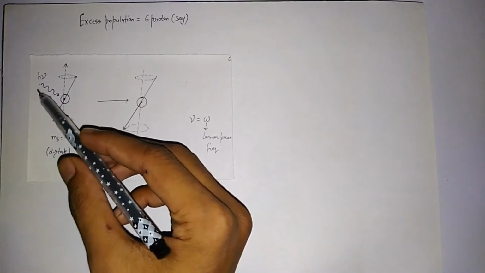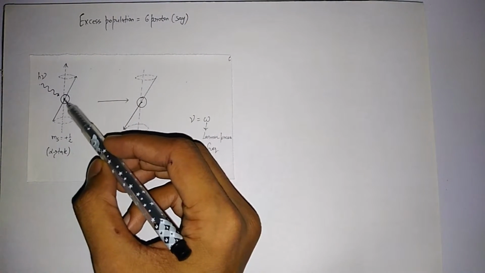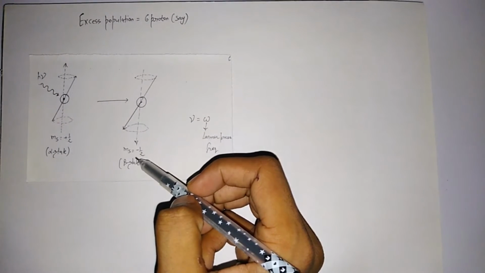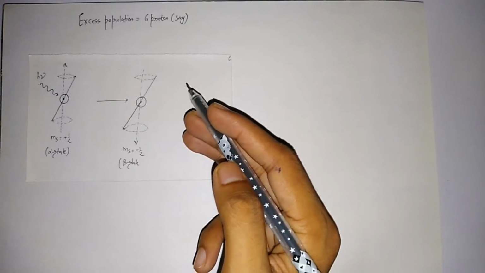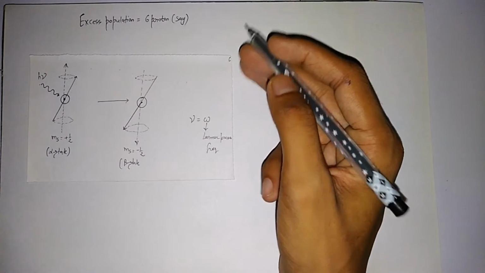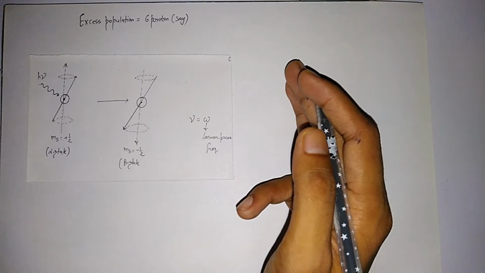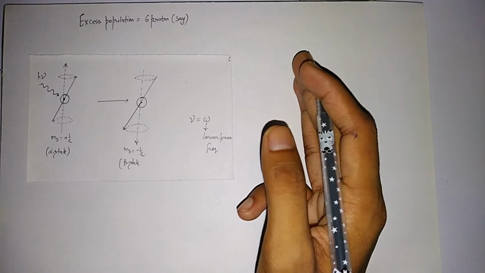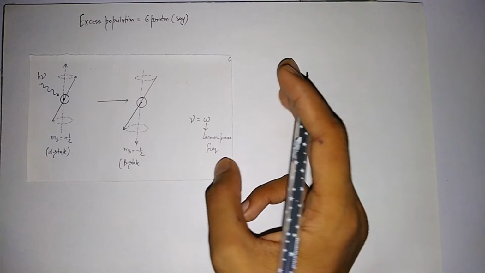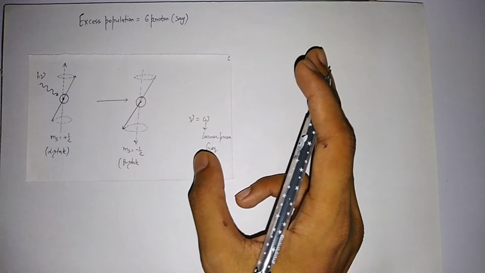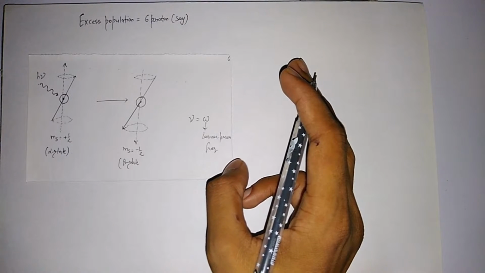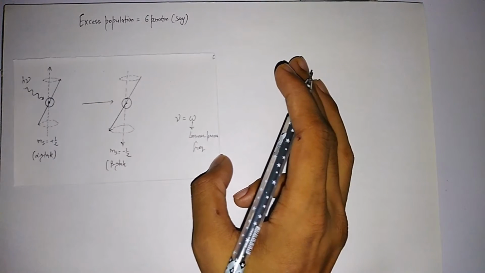Only then is the radiation absorbed by the hydrogen nucleus, and it flips its spin from alpha to beta state, and the beta state is of higher energy. When it returns from the higher energy beta state to the alpha state, it emits some electromagnetic radiation, which is detected by the detector and gives the corresponding NMR signal. So this is the general phenomenon for the absorption of electromagnetic radiation of the radio wave type by the nuclei.